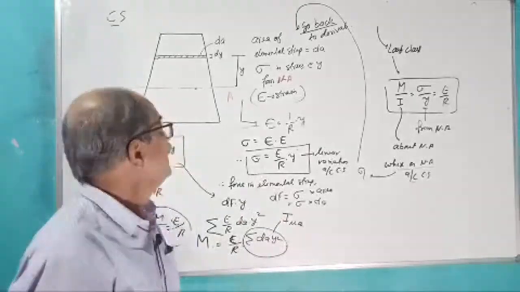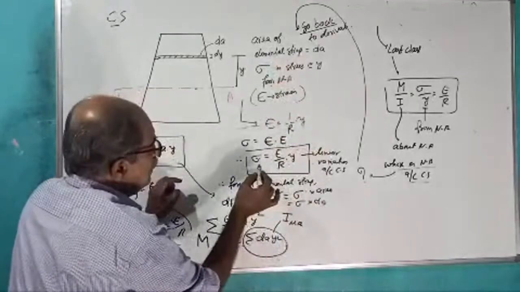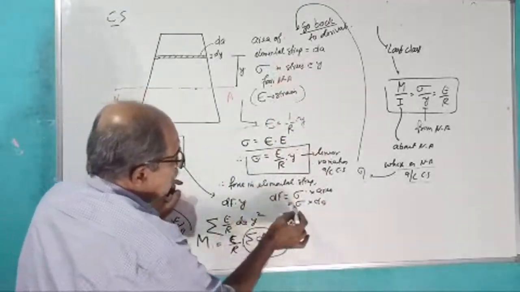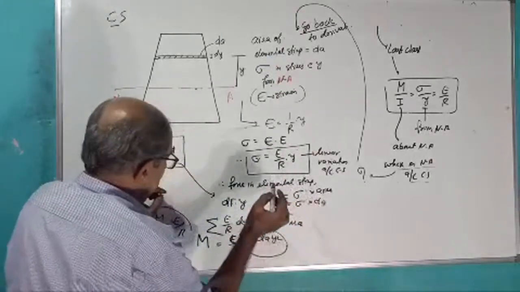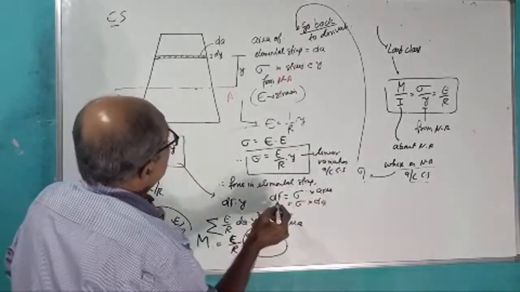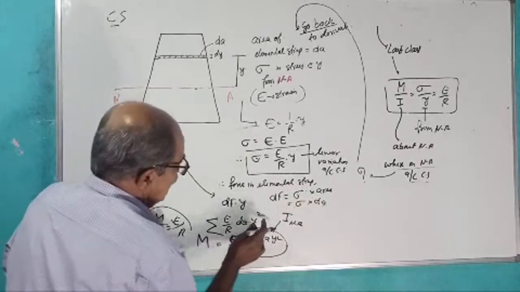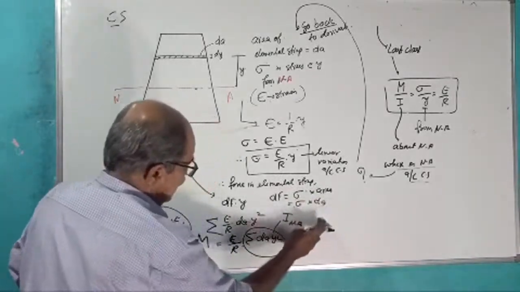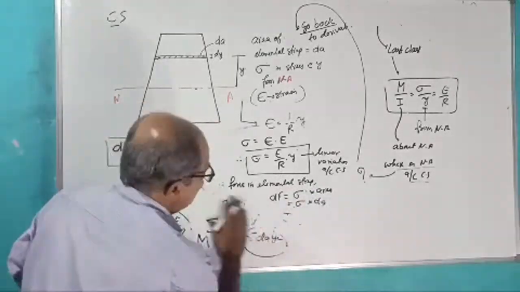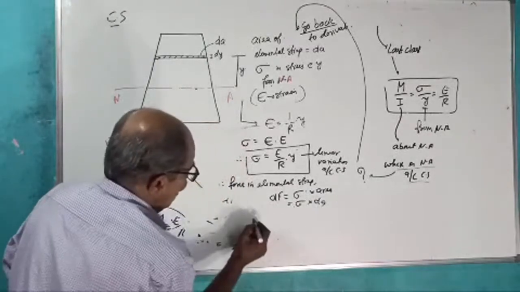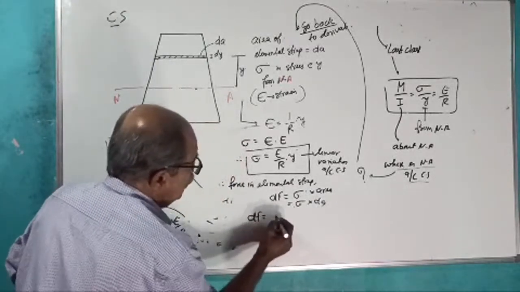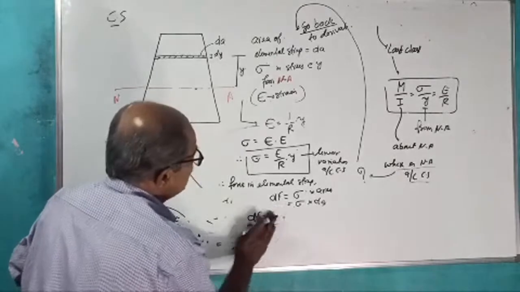Now do one thing. For the derivation, when you got what? dF equal to sigma dA, or, 1 minute, where is it? Okay. And dF equal to sigma dA, I substitute now, see, dF equal to sigma into dA. Sigma is what?